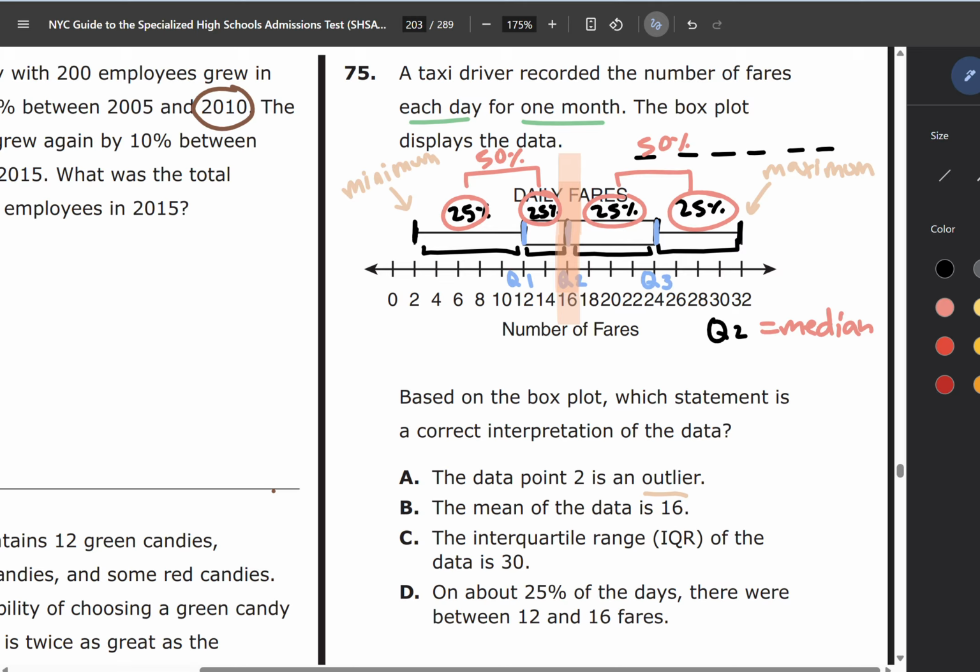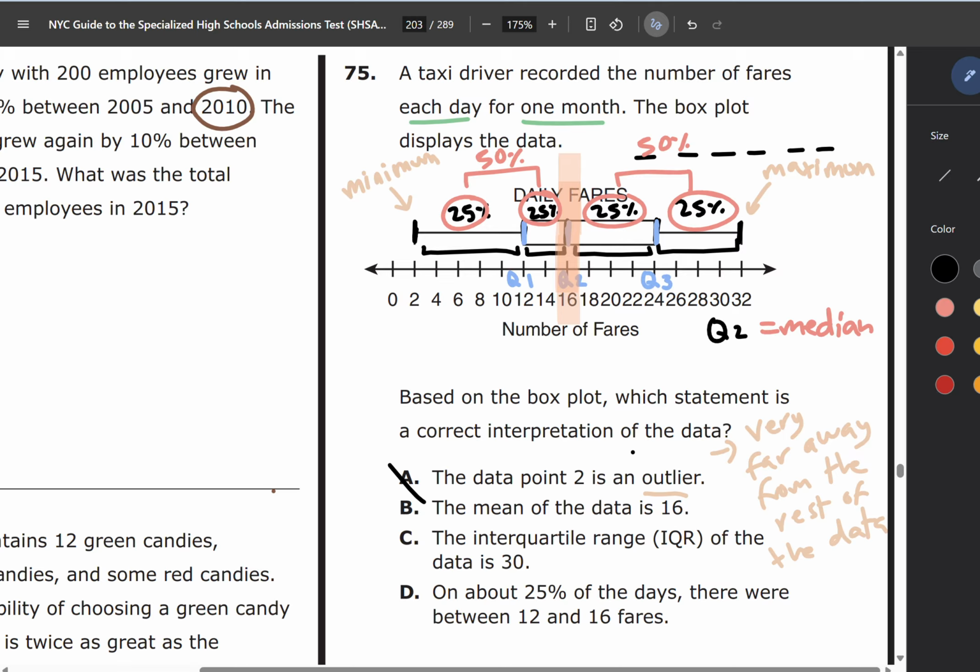In terms of the SHSAT, an outlier is very far away from the rest of the data. The number 2 isn't too far away, even though it's a minimum. 25% of the numbers in the whole set fall between 2 and 12, so that doesn't make me think that 2 is an outlier. It's not that far, because there's 25% of the data just nearby. So we're going to eliminate choice A.